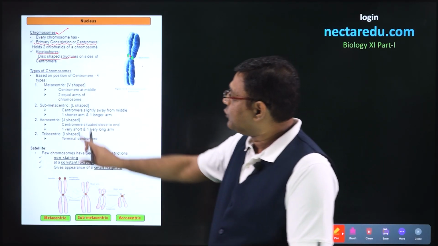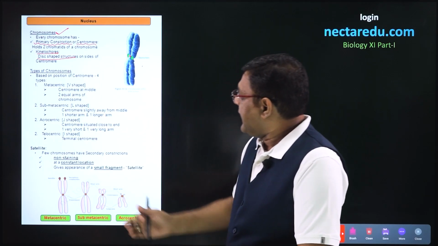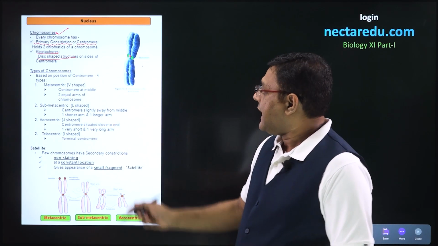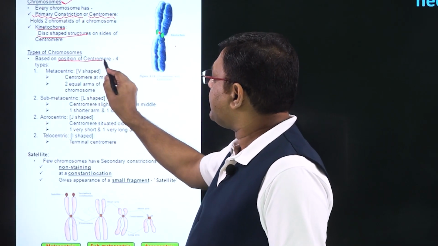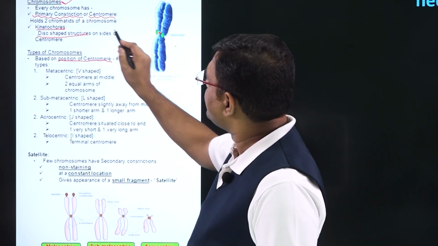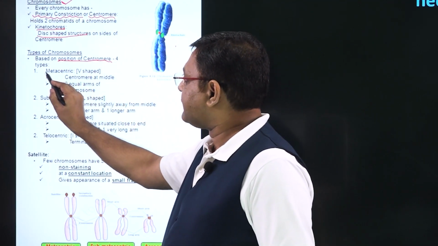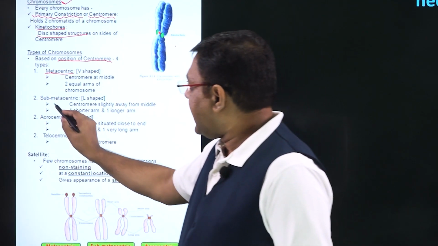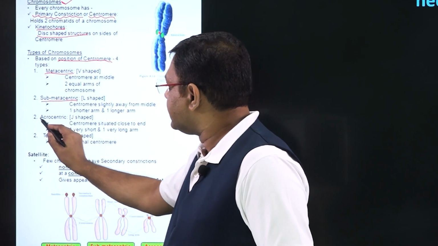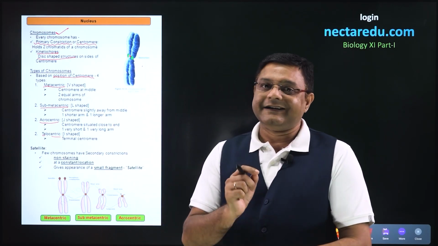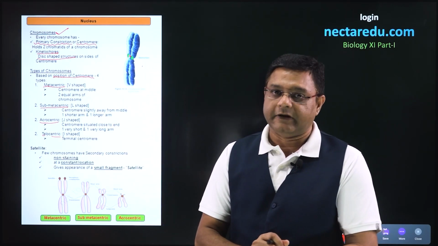After this, coming to the types of chromosomes, here we will talk about the 4 types of chromosomes, and it will be based on the position of the centromere or the primary constriction. The first type is called metacentric. The second type is called submetacentric, third is acrocentric, and the fourth is telocentric. The difference lies in the position of the centromere.